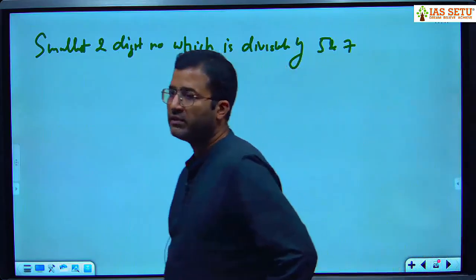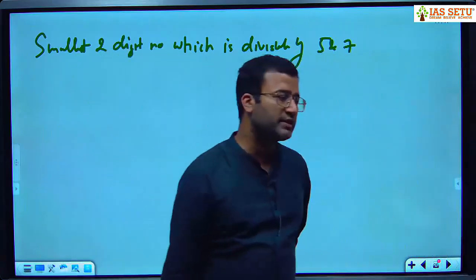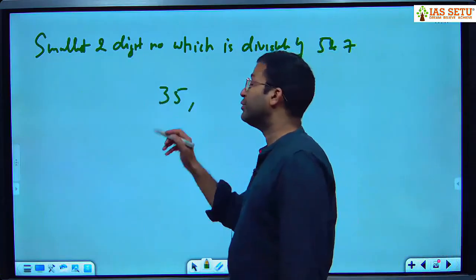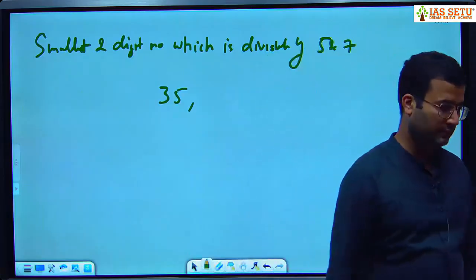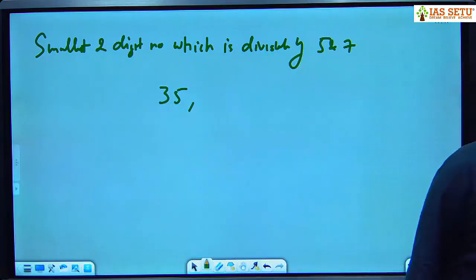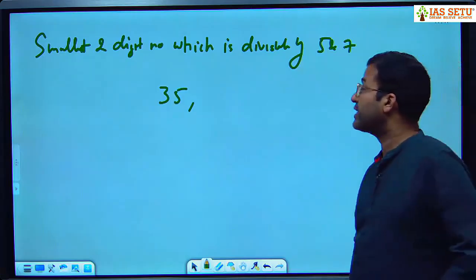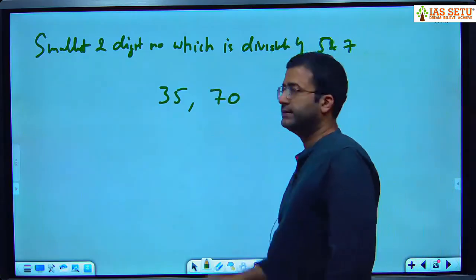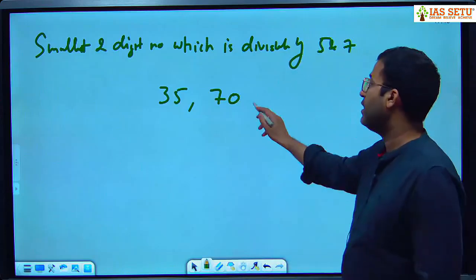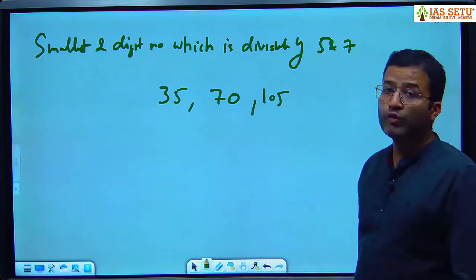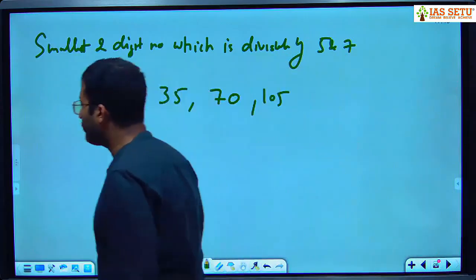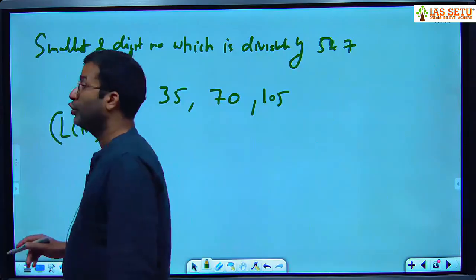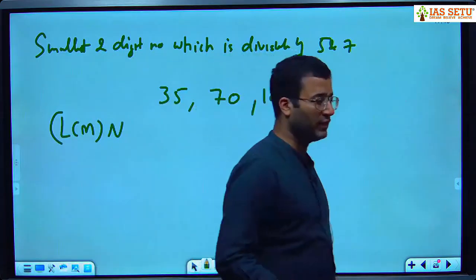The smallest two-digit number which is exactly divisible by 5 and 7 is 35. Now after this 35, can you tell me the next number? After 35, what is the next number which is exactly divisible by 5 and 7? 70. After 70, 105. So what is important here? We are looking for a multiple of 35, and what is 35? LCM. So a multiple of the LCM will help.